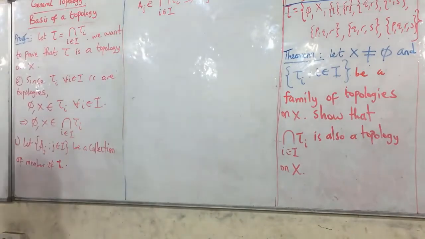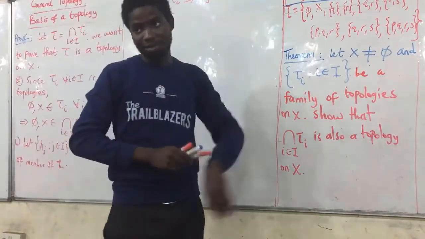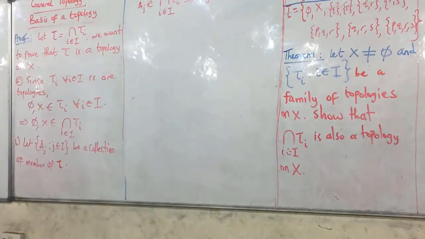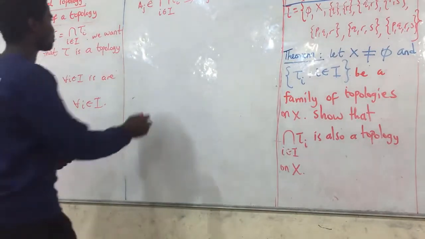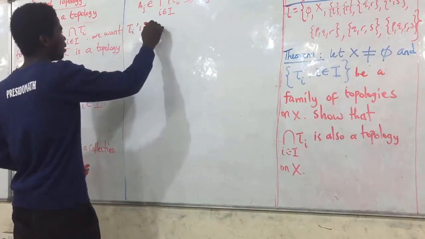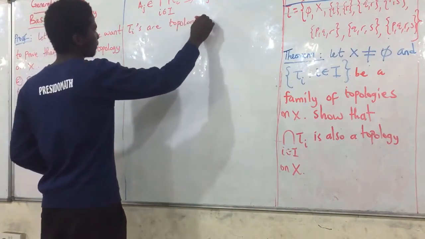It means that A_j belongs to T_i for all i in I, right? And if A_j belongs to T_i for all i in I, don't forget the T_i are what? Topologies. The family of topologies.